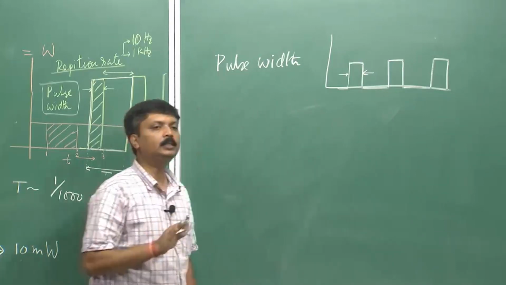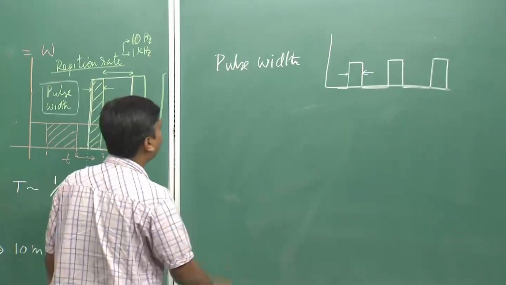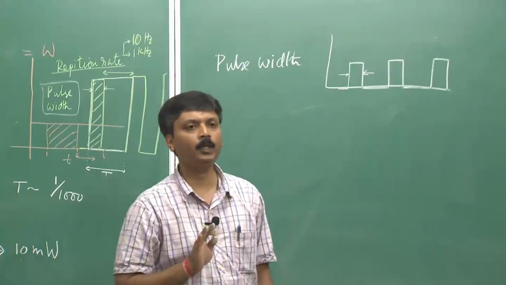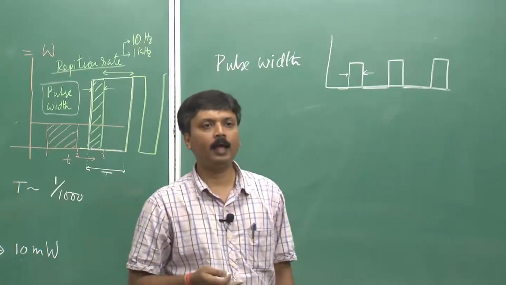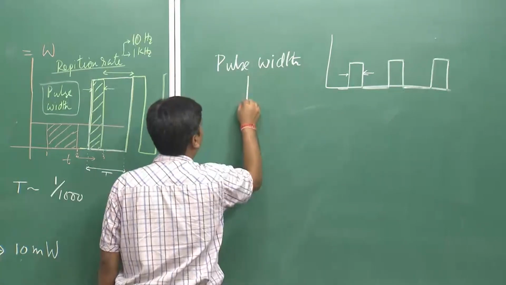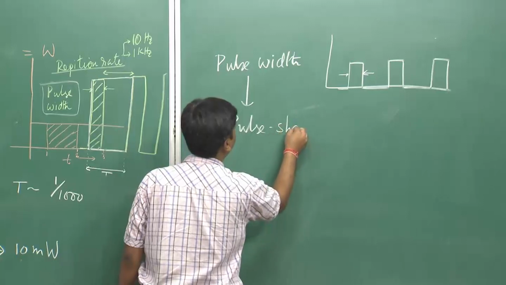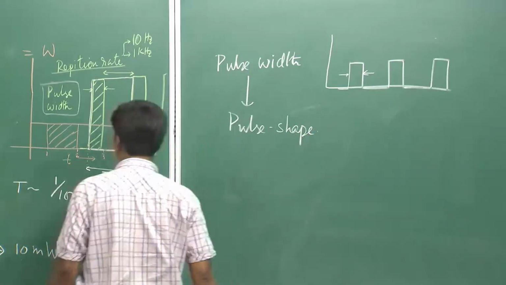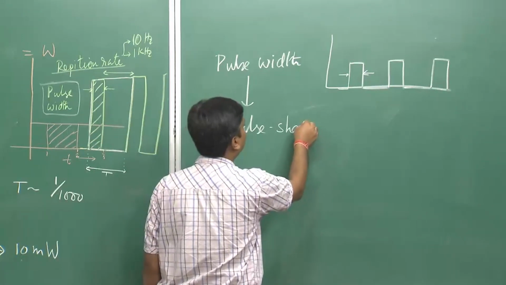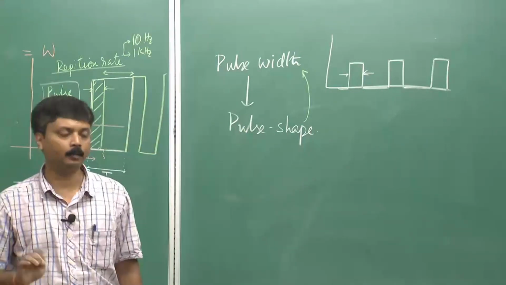So, this is a very simplistic view. As a matter of fact, when we talk about laser pulses, these pulses can have a particular shape. So, we need to know what is pulse shape or the shape of the pulse, because the pulse shape will determine what is the pulse width. So, they are very related.